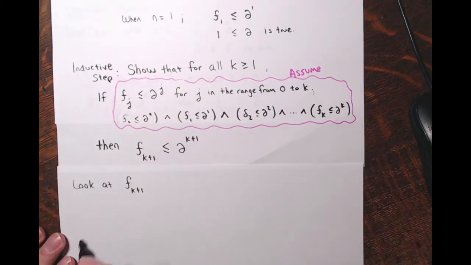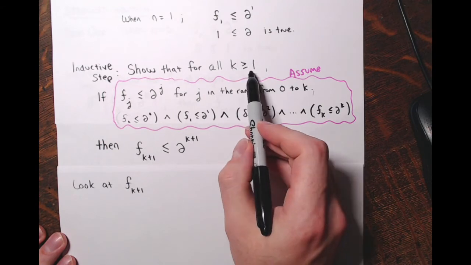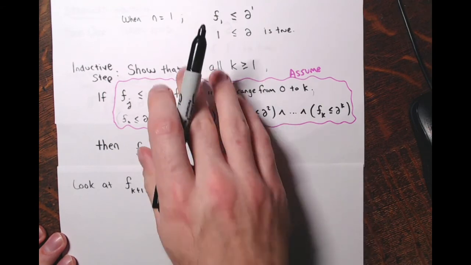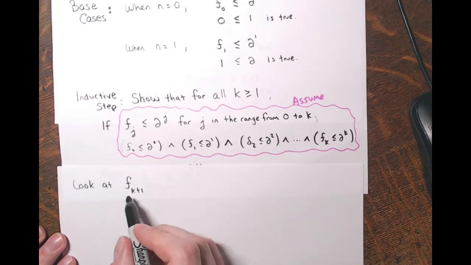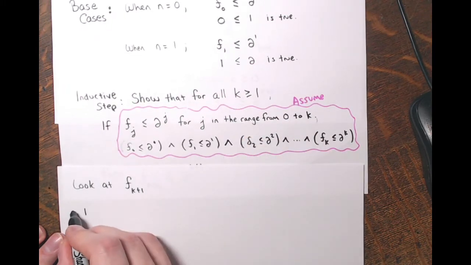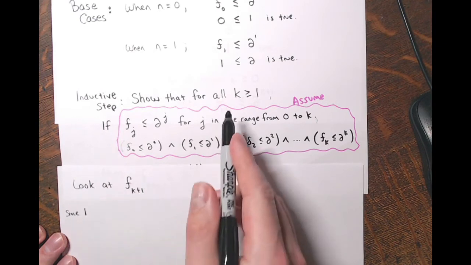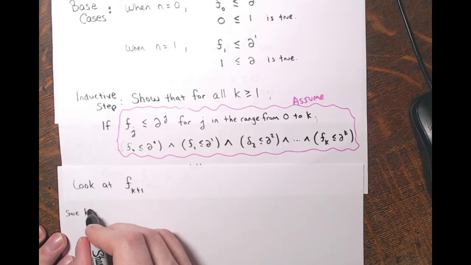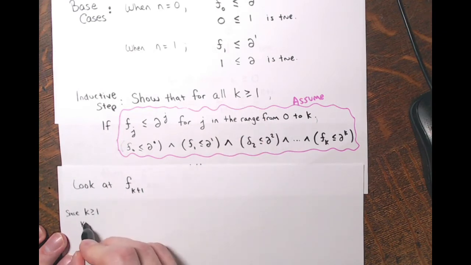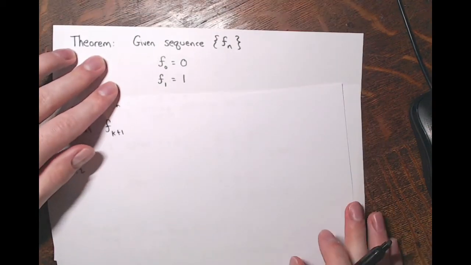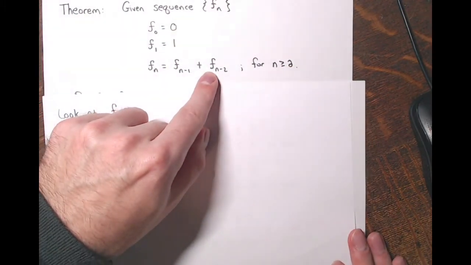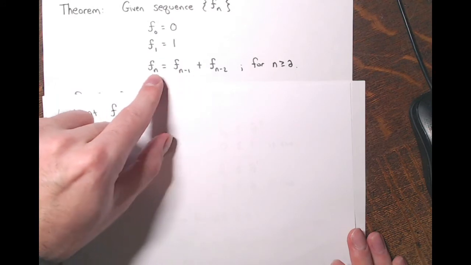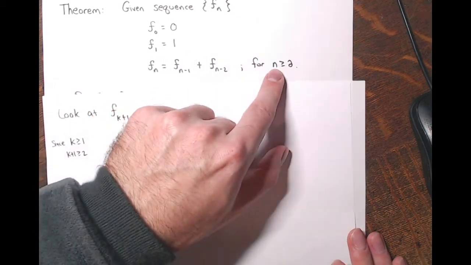Now, this time, that's why I went up to 1, really. That's why I did the base cases up to 1. Because I wanted to set it up so that, since we're looking at values of k here greater than or equal to 1, the value of k plus 1 is greater than or equal to 2, and I can then therefore apply this rule. Right? Because remember, this rule for the terms of the sequence applies when the subscript is greater than or equal to 2.